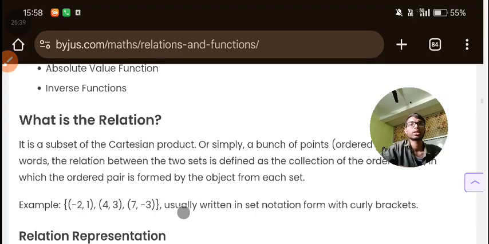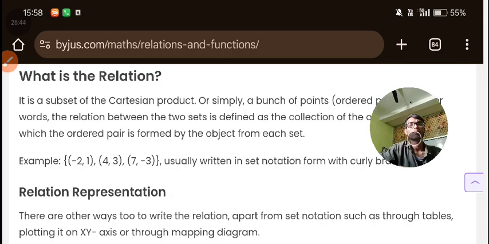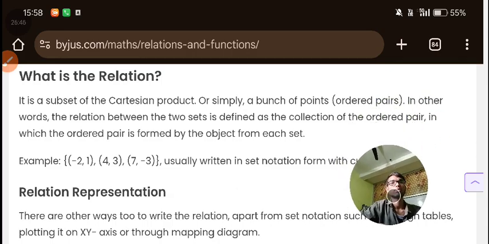Constant function. What is a relation? It is a subset of the Cartesian product, or simply a bunch of points, ordered pairs.